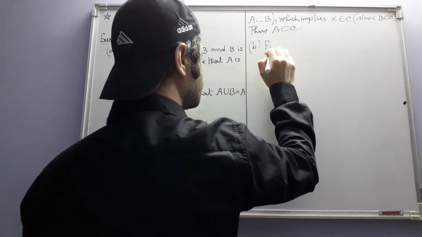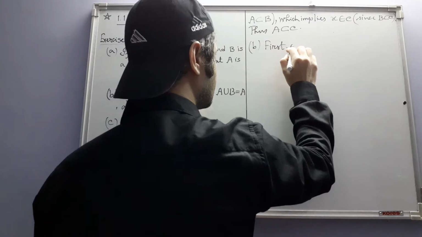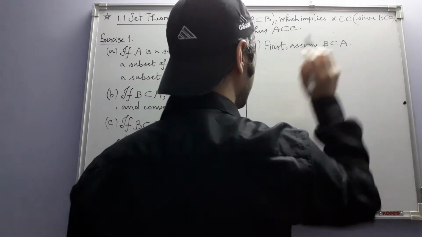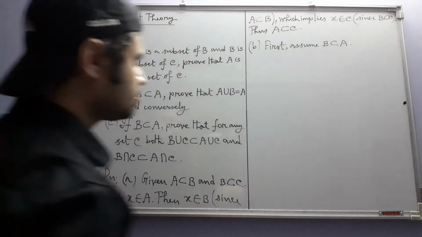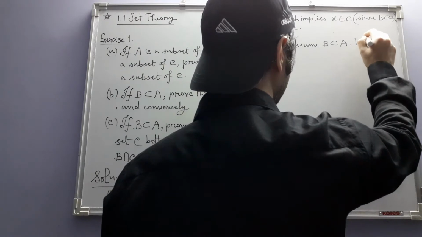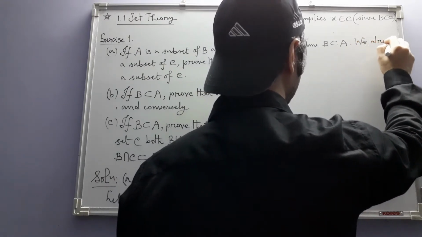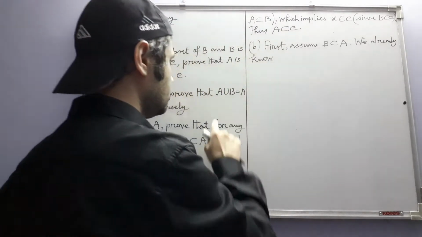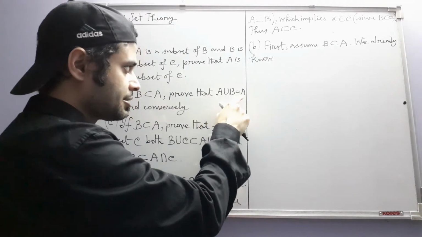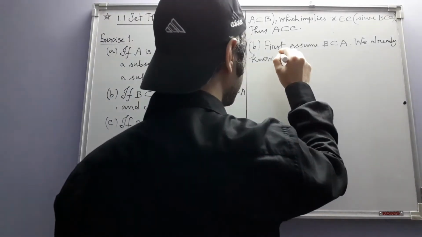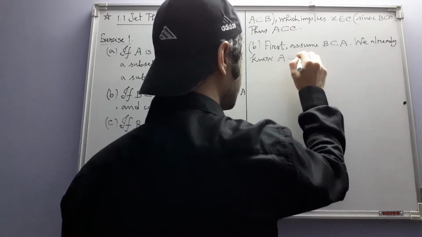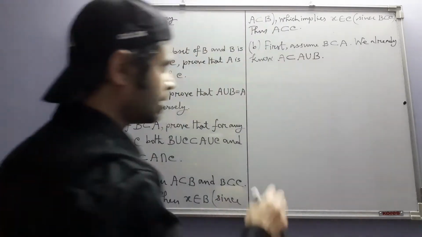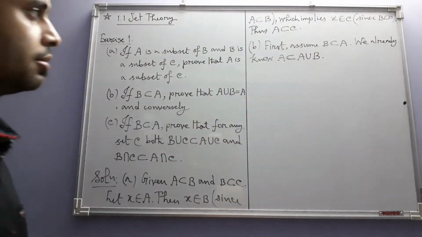So first, assume B is contained in A. We already know that A is a subset of A union B. To prove equality, we have to prove that A union B is also a subset of A.